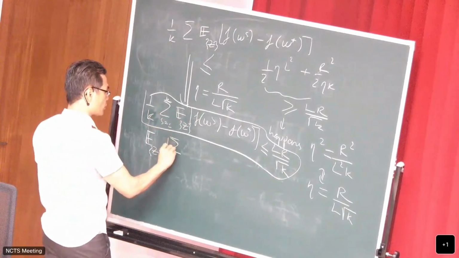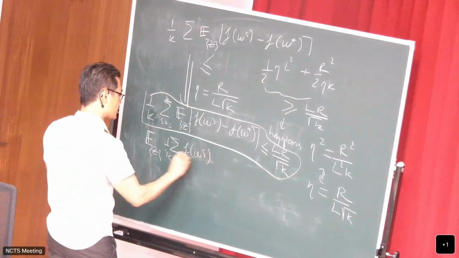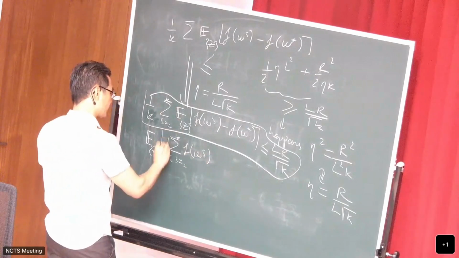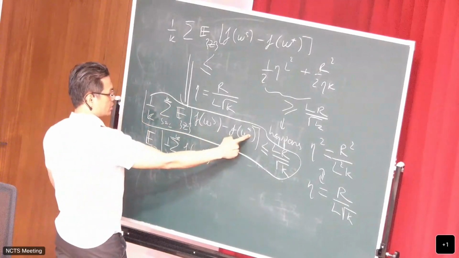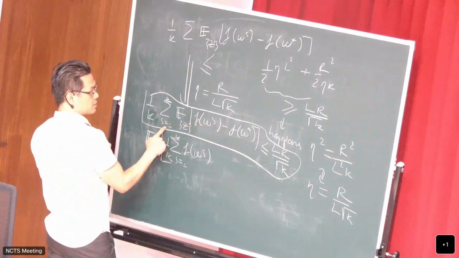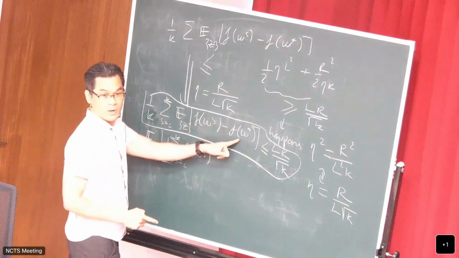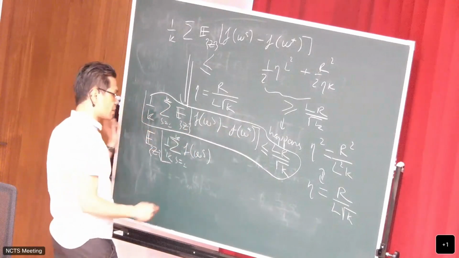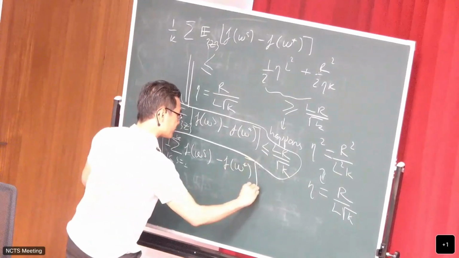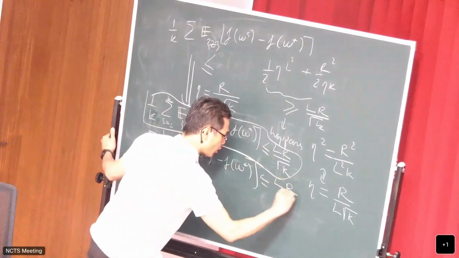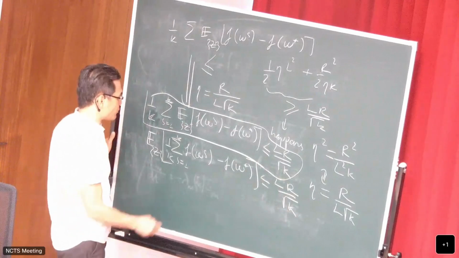So we have the sum 1 over K of F of WS, S from 1 to K. Okay, the sum of F of W star does not depend on S. So the sum of F of W star, S from 1 to K, we have K of this, right? K of this divided by K is itself. So we still have F of W star less than or equal to LR over square root of K.